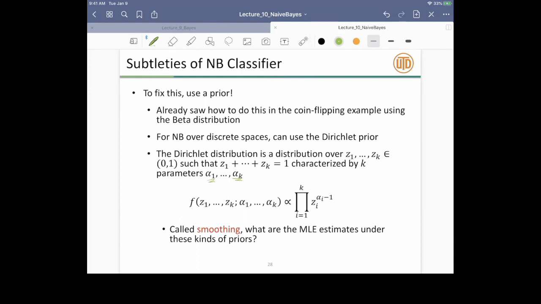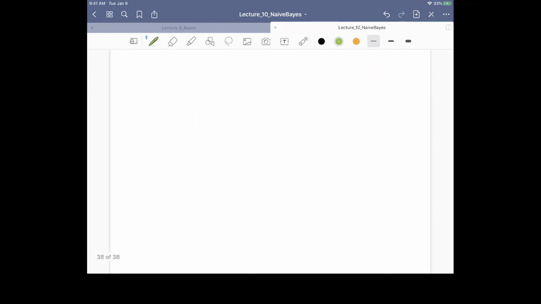Take p of y. With naive Bayes, this was the count of the number of examples with y, that is C of y divided by m, where m is the total number of training examples.